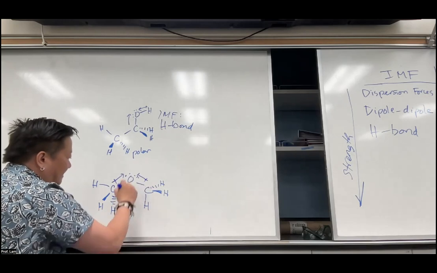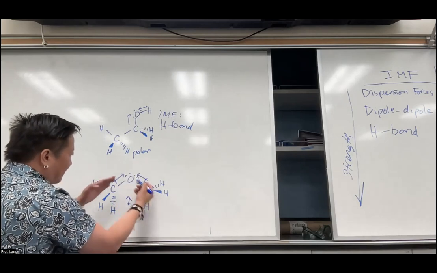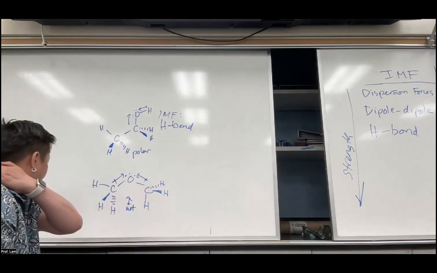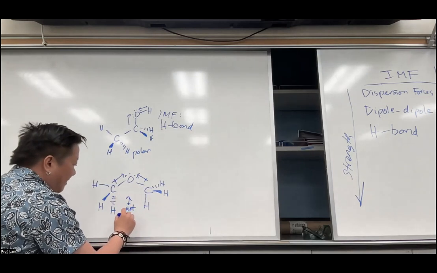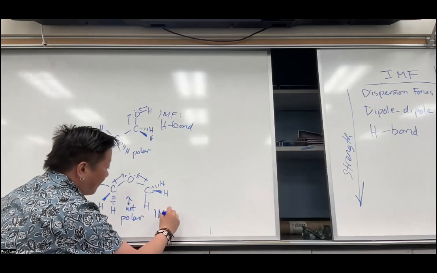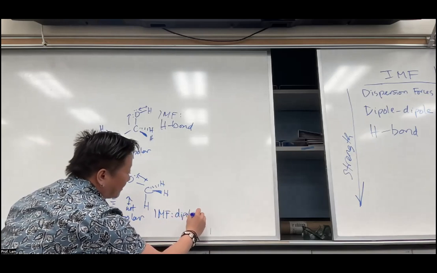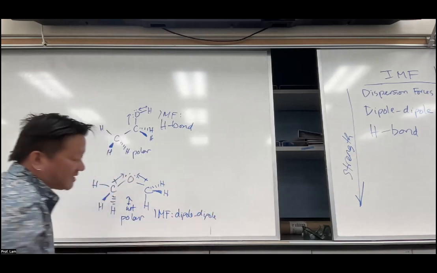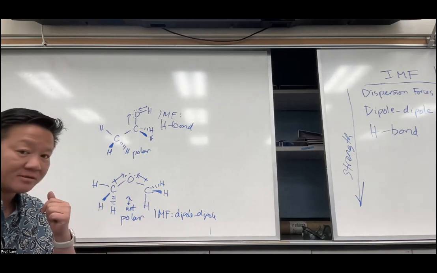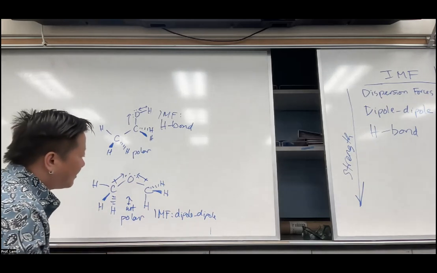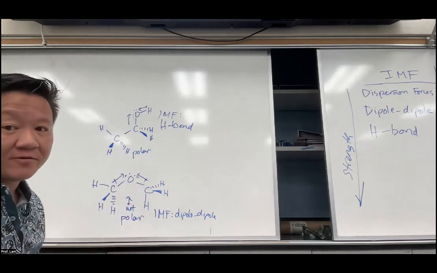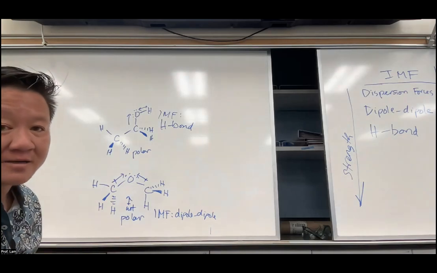Again, I see that the net is up, since both arrows are pointing in an upward direction. So we say this is polar, but the IMF is just a regular dipole-dipole, because it does not have OH bonds, NH bonds, or FH bonds. So just dipole-dipole. So that's why this one has a boiling point of, let's go back here.